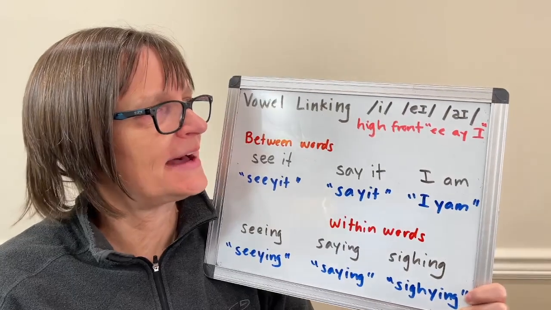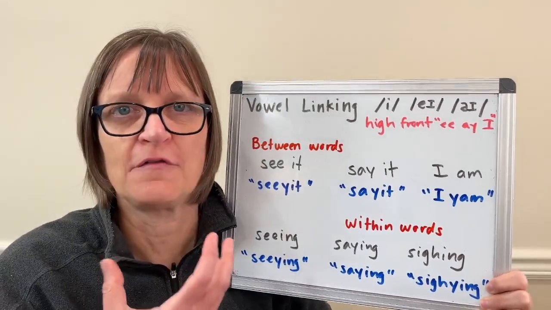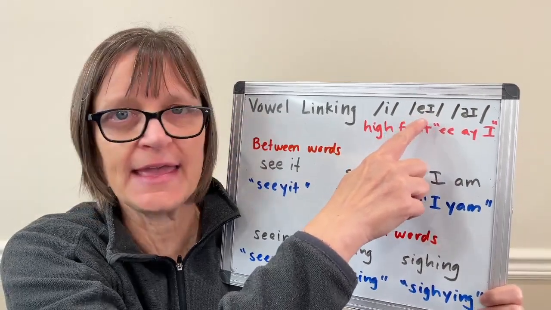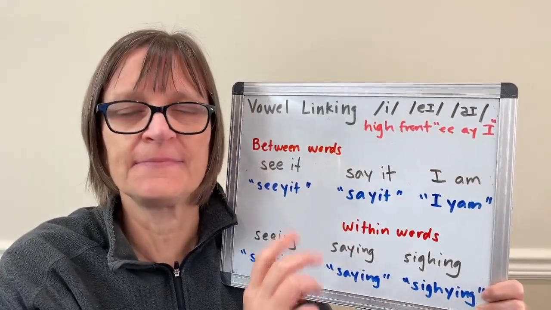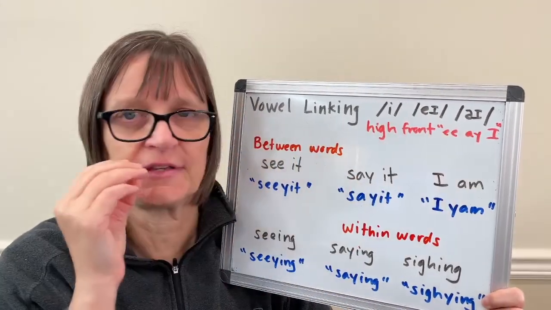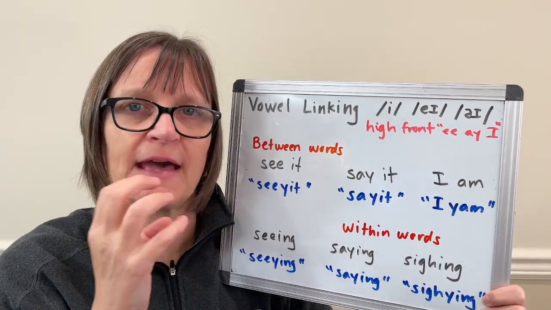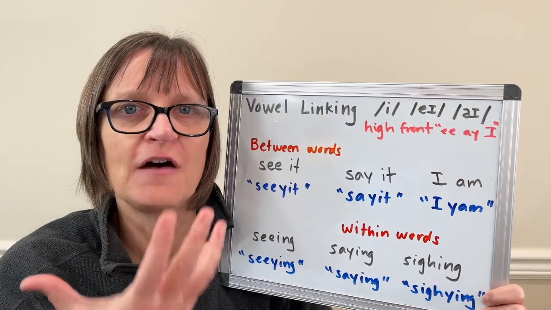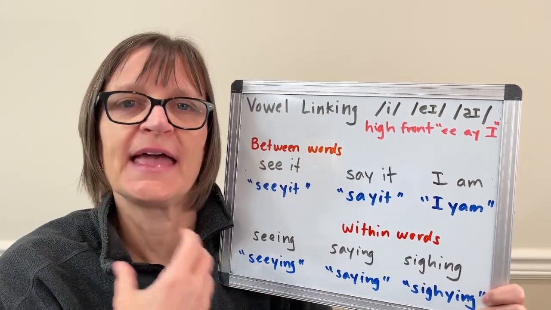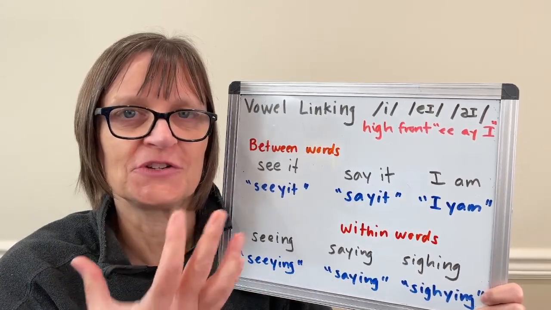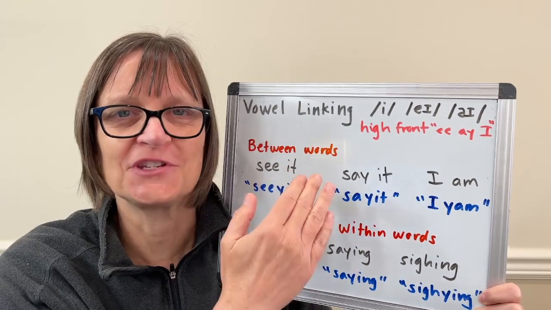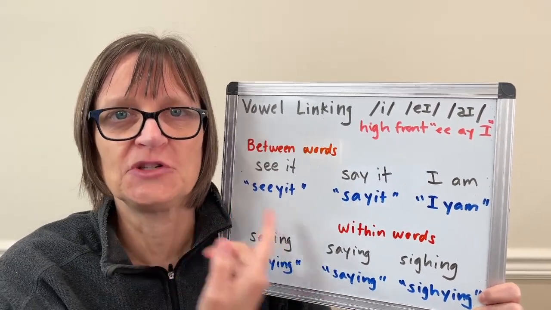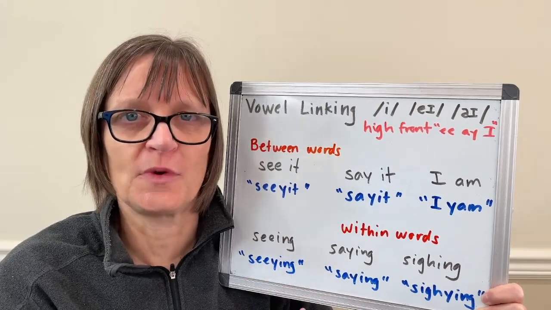What I mean by that is when we have a high front vowel like an E, an A, or an I that has the tongue high in the front, and the next sound we make after it is another vowel sound, we have a link between those vowels. It ends up making an additional sound as we glide between the position of the high front vowel to another vowel. This happens both between words as well as within words.